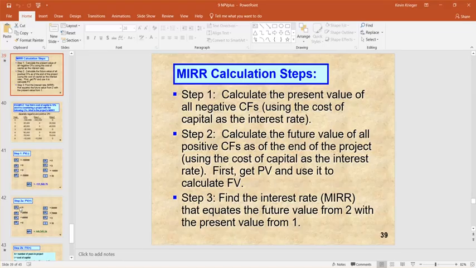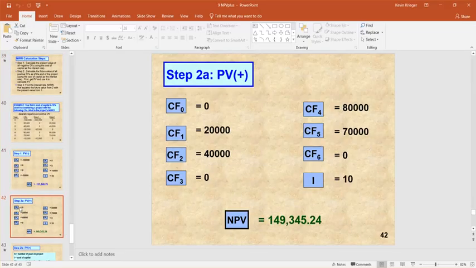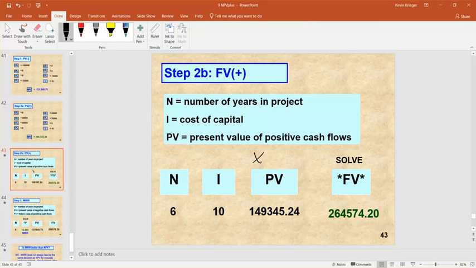So if you're going to use the method here, you'd get the present value, and now you need to grow that number to time 6. So you can just use your solver, like N is 6, I is 10, and get 264,574. Or you could also take that grand total and multiply by 1.10 to the 6th, and it would also give you 264,574.